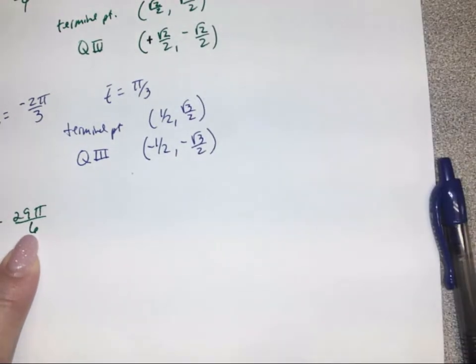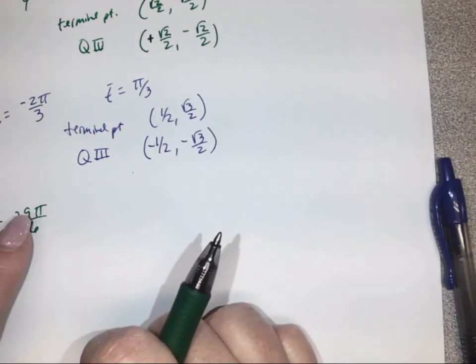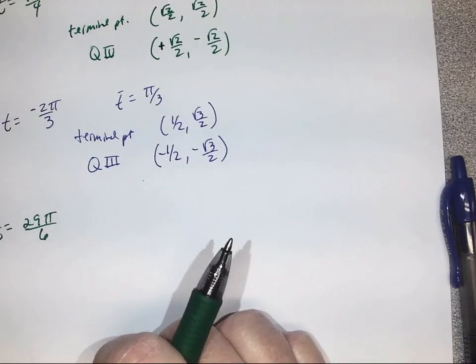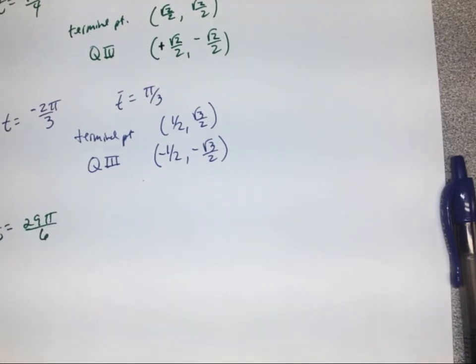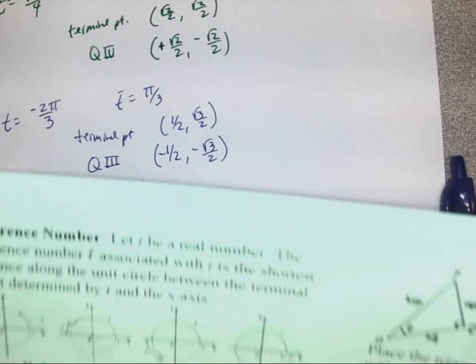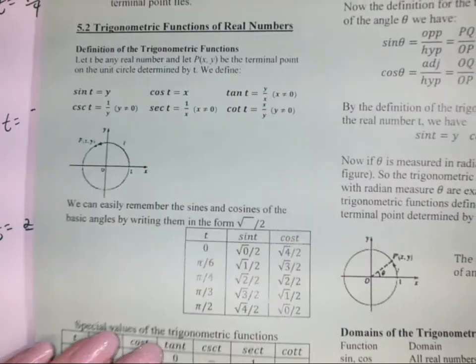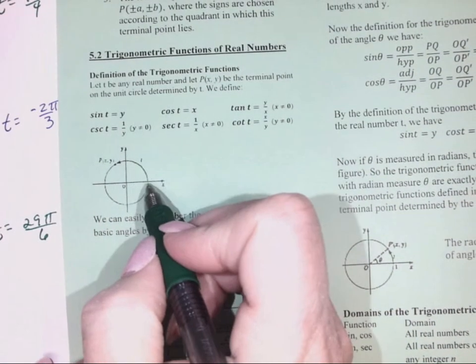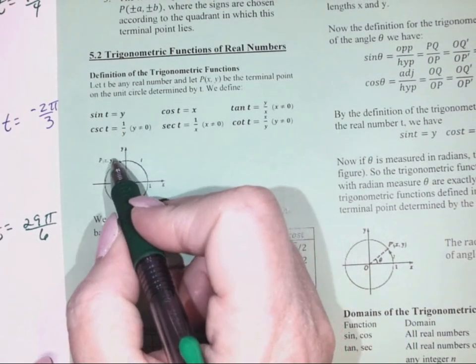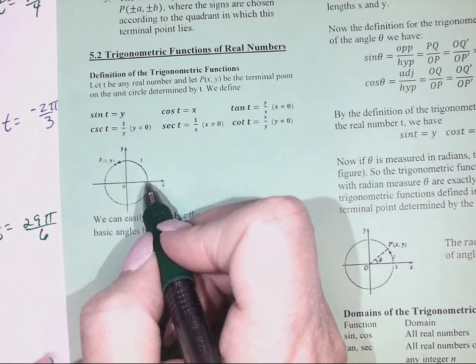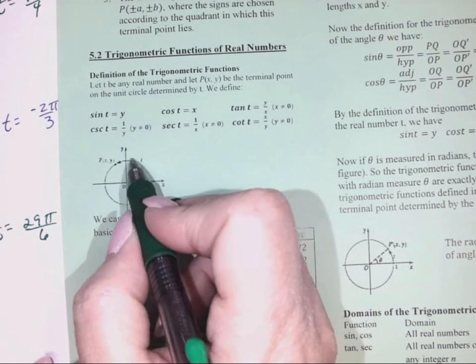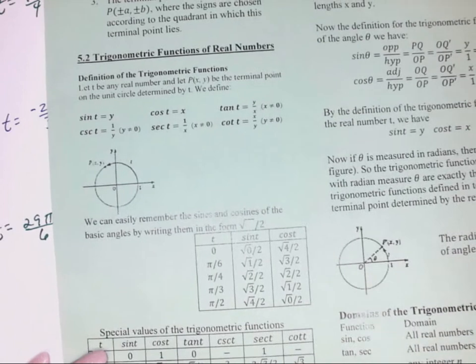So what we care is that 6 will go in there 4 times. So we know that if we're looking at our unit circle, and it doesn't matter which circle we look at, 4 pi, 2 pi goes all the way around, 2 pi goes all the way around. So we're already back here. We just need to find the distance that it still goes.